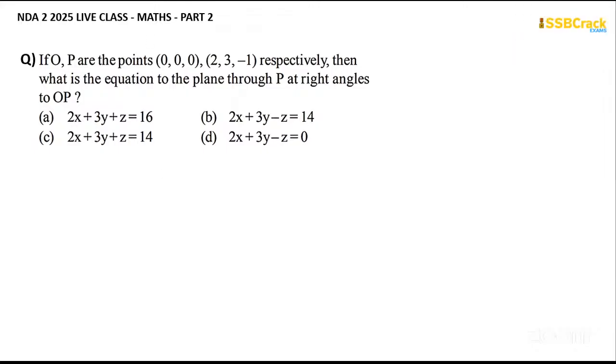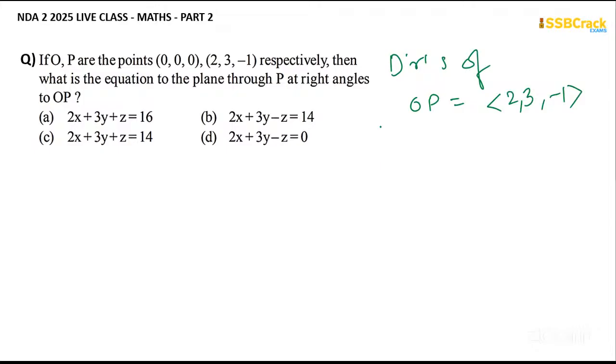So we are given 2 points, 0, 0, 0 and 2, 3, -1. First of all, we find the direction ratios of line OP. So what will they be? It is 0, 0, 0 and 2, 3, -1, so they will simply be 2, 3 and -1.